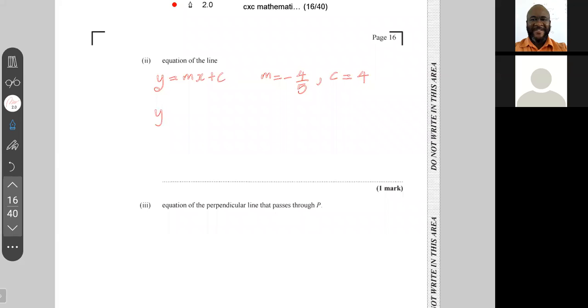So y is equal to minus 4 over 5x plus c, which is 4, is the equation of the line. y is equal to minus 4 over 5x plus 4 is the equation of the line for 1 mark. Next, we're asked to determine the equation of the perpendicular line that passes through P.